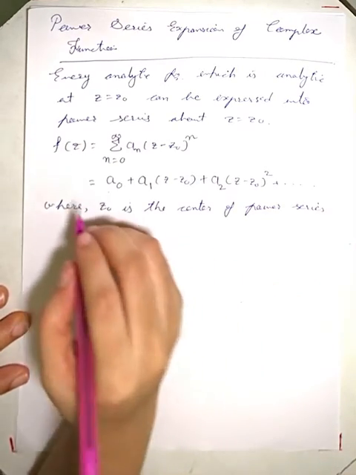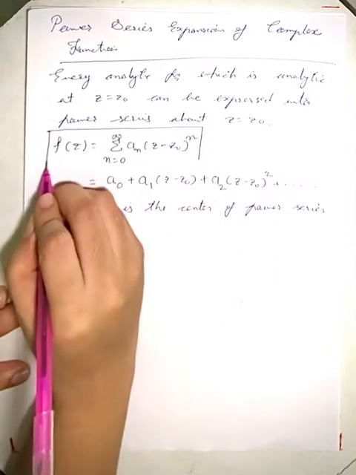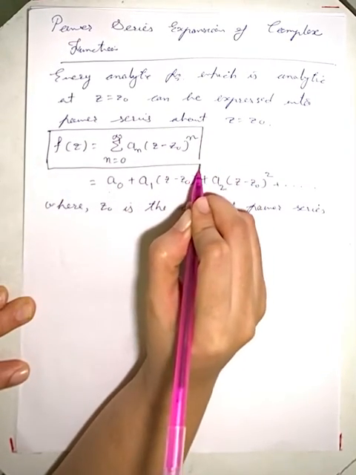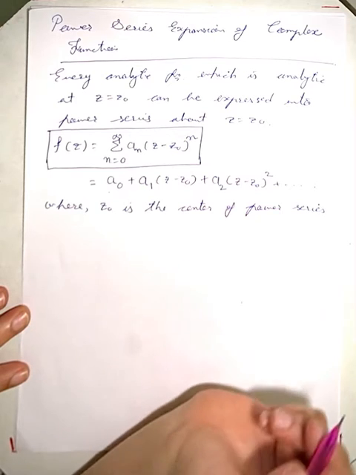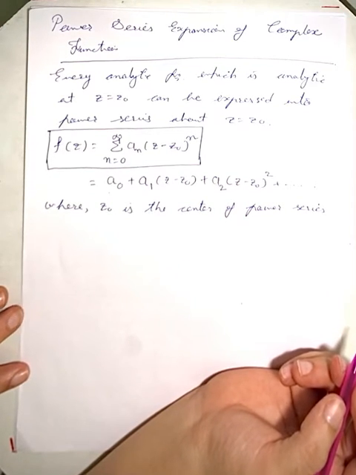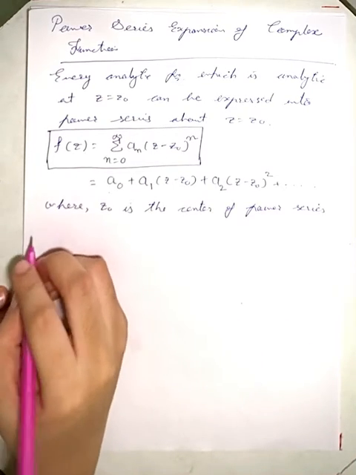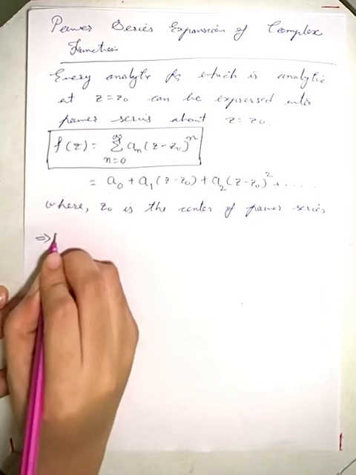This is the general structure of a power series, and we should note that. And for every power series, there are three possibilities regarding the region of convergence, so that we are going to see.